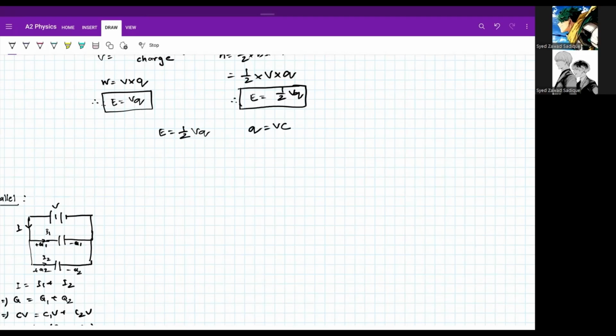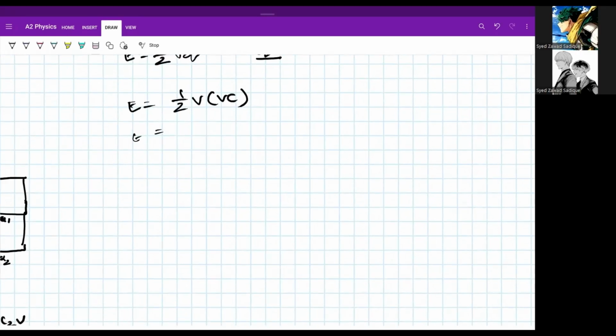If we substitute Q with this, we get E is equal to half V times VC, therefore E is equal to half V squared C. So this is another formula.